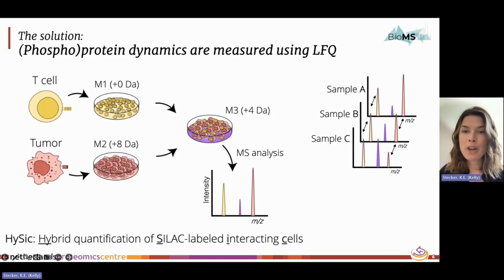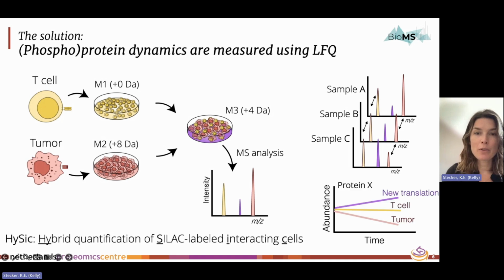So in our first iteration of this method, we used label-free quantitation to follow these individual SILAC labels across our experimental conditions. And when we quantify each SILAC label individually using label-free quantitation over time, we can follow the dynamics of proteins and phosphorylation sites in each cell type individually, so in T cells and tumors, and then newly translated proteins upon co-culture engagement.